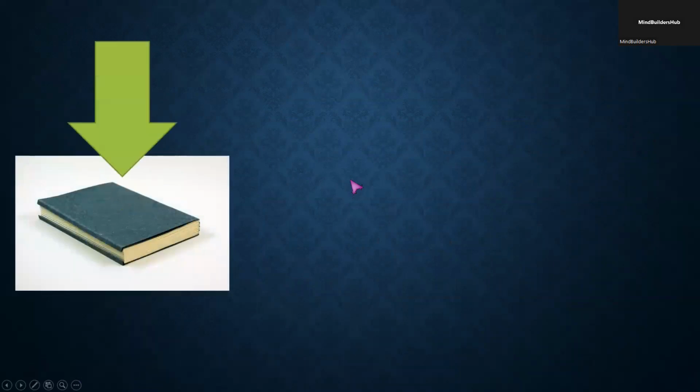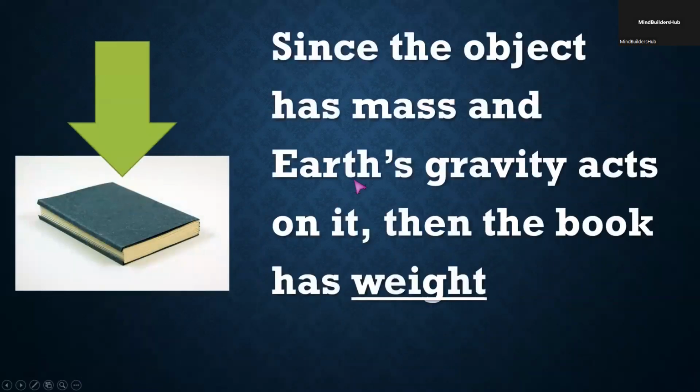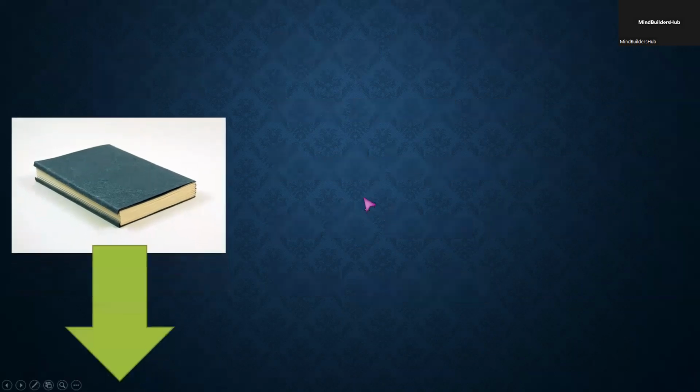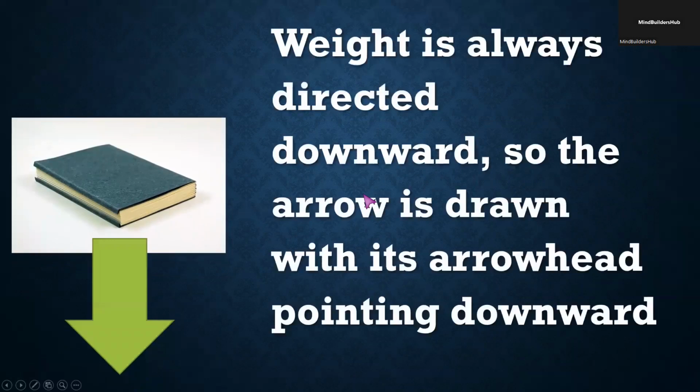Next, since the object has mass and Earth's gravity acts on it, the book has weight. Weight is always directed downward, so the arrow is drawn with its arrowhead pointing downward.